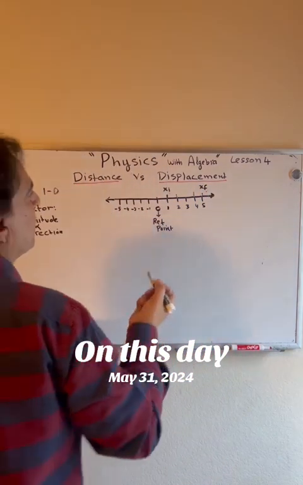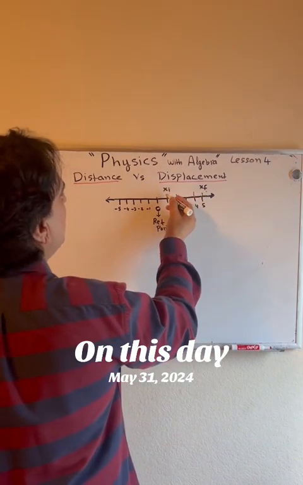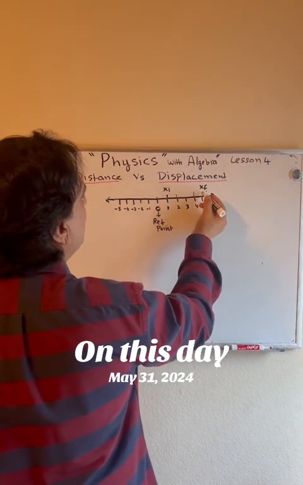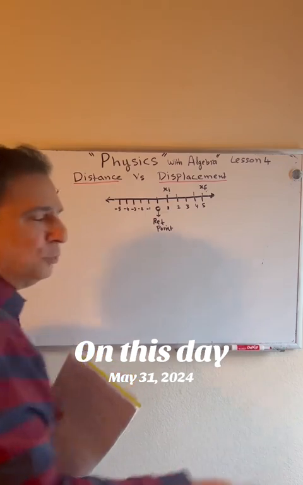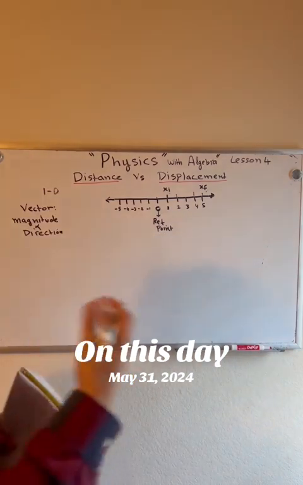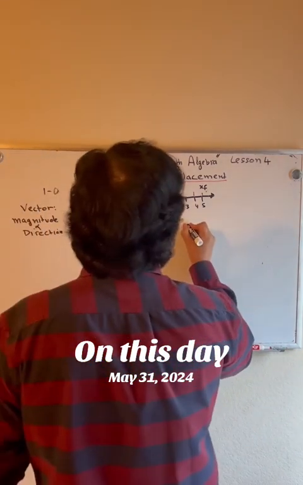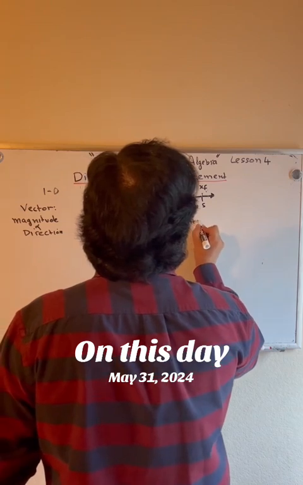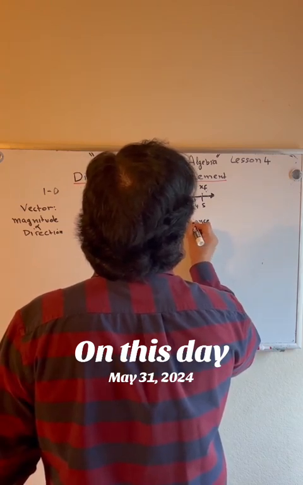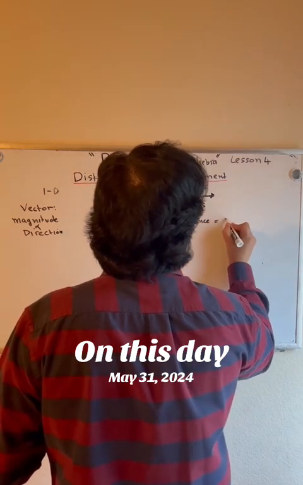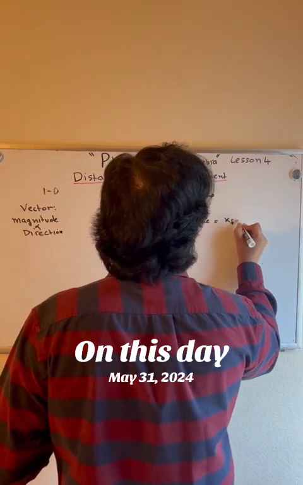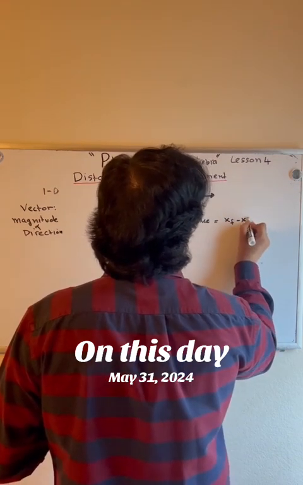So this could be your home, this could be your school. So I asked you, can you tell me what's the distance traveled? And it's real easy. Anybody should be able to figure it out. It's x of f minus x of initial.